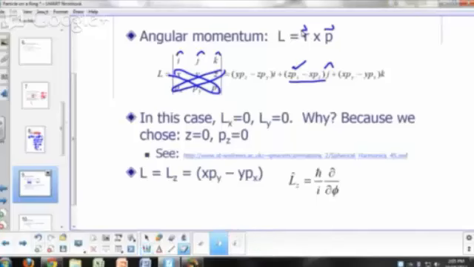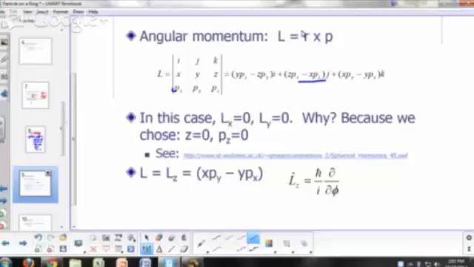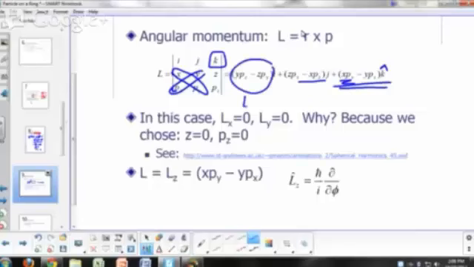Finally, to get the z component, you do x py minus y px, and then multiply that by the unit vector along the z-axis. So we can identify these as L sub x, L sub y, and L sub z.